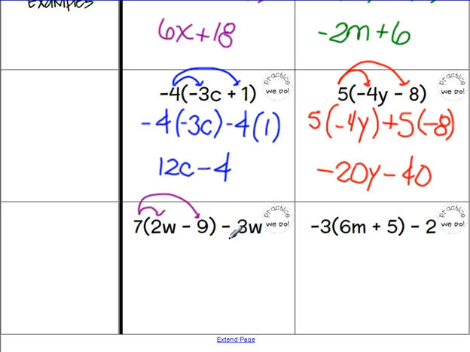So we're going to have to bring down that minus 3w and combine like terms. So we're going to have 7 times 2w plus 7 times negative 9 minus 3w. So don't forget to bring that down.